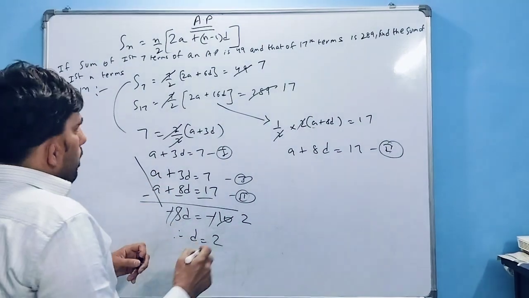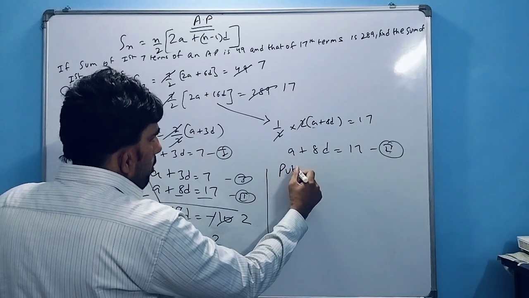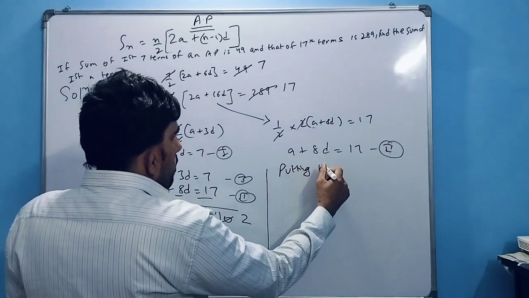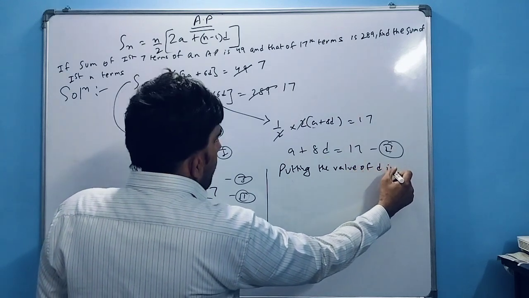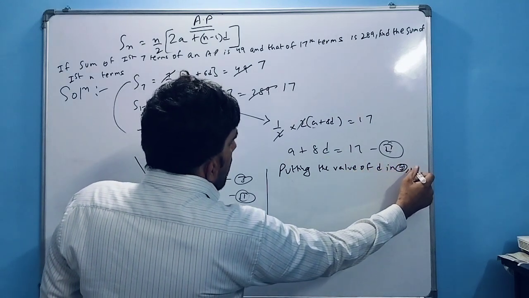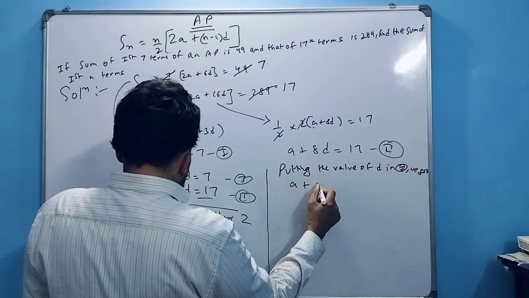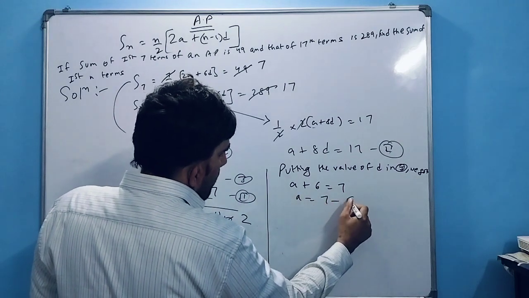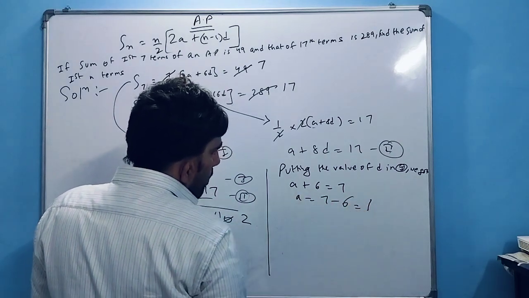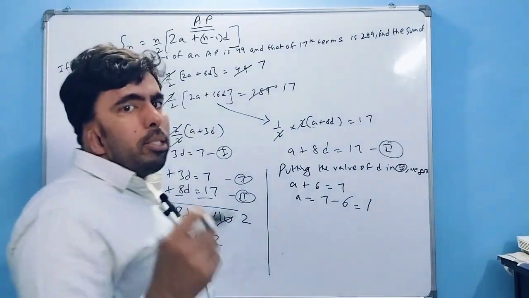So putting the value of d in the first equation, we get a + 6 is equal to 7. So I got a is equal to 7 minus 6, that is 1. Okay, so I got a, that is 1, and d, that is 2.